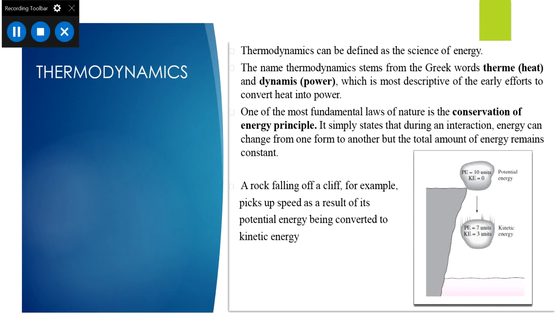So that means total energy will become the same. So total energy will be 10 units. Okay, and that is the law of conservation of energy principle. And in thermodynamics, we are using this principle also. Okay, total energy of the system becomes constant.